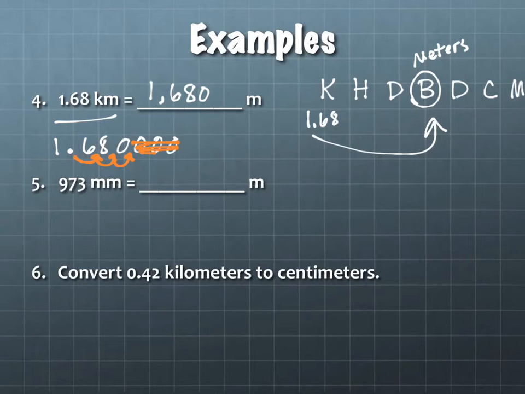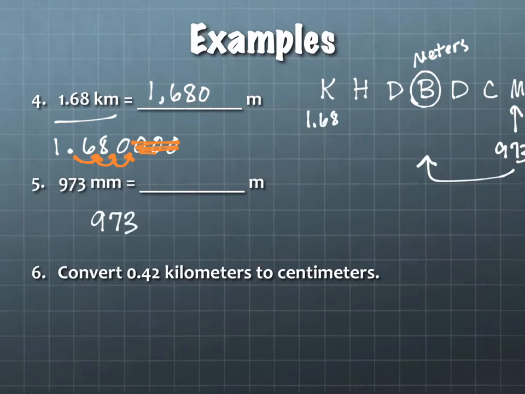Now the next one is 973 millimeters. I'm starting over here, 973, and I want to turn it into meters, which is back in the middle. How many places would I have to move? 3, but in the opposite direction, to the left. When I write down 973, it doesn't seem like there's a decimal point, but you and I both know there is one at the end.